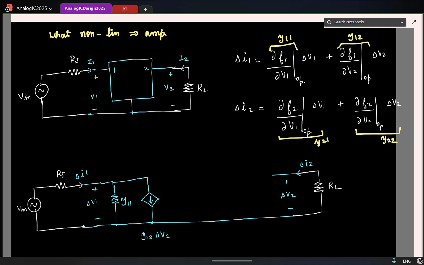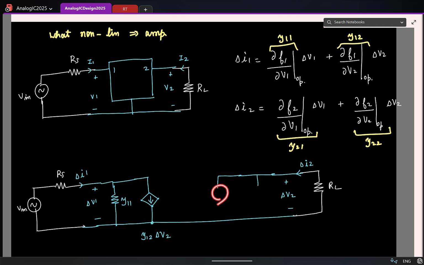Now similarly, let's do the output side. I have delta I2. Delta I2 is the sum of two currents. Let me write it clearly. This is Y21. I have two currents, so first let me make two paths for the currents. Let's look at the first path. It is Y21 times delta V1.